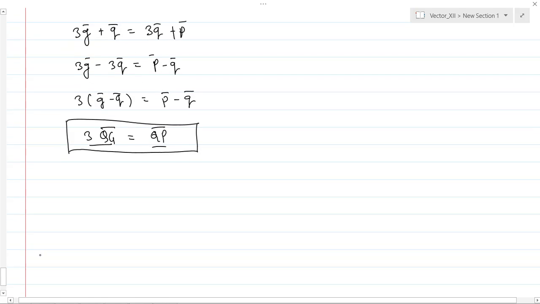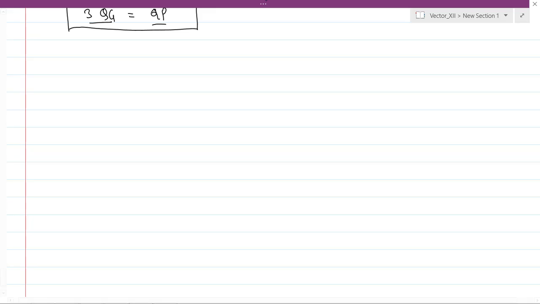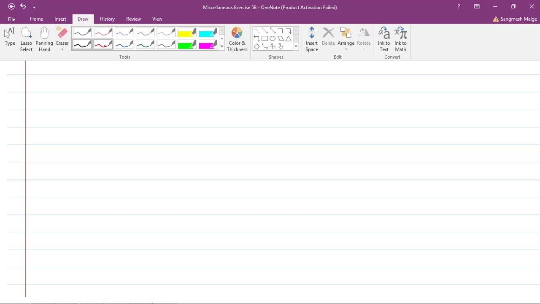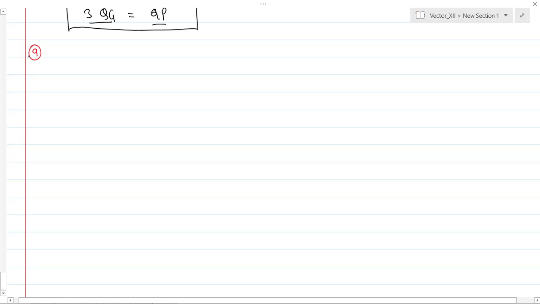Let me have the space here. So the statement is like this. Question number 9. P and Q are midpoints of sides AB and CD of quadrilateral ABCD respectively.